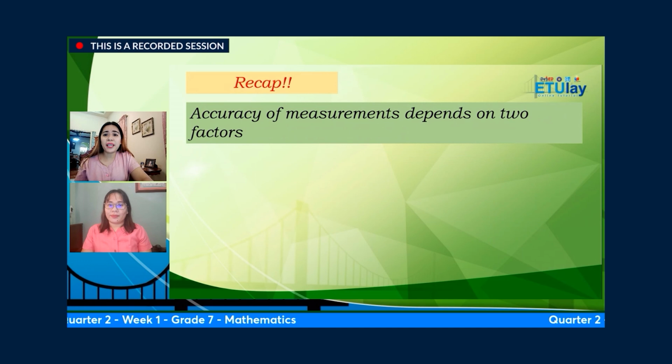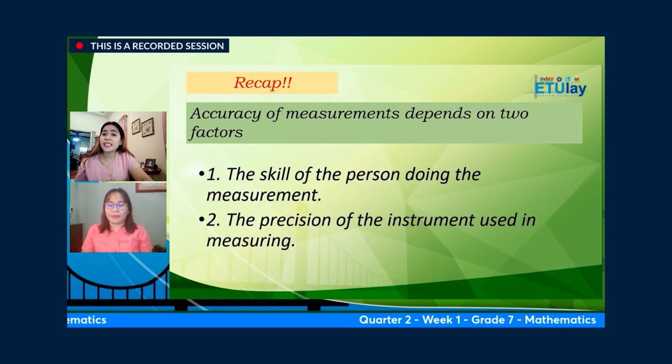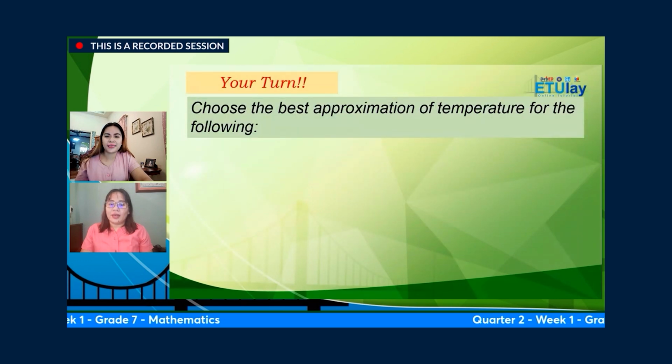The accuracy of measurements depends on 2 factors. We have the skill of the person doing the measurement, and the second one is the precision of the instrument used in measuring. We are okay now.